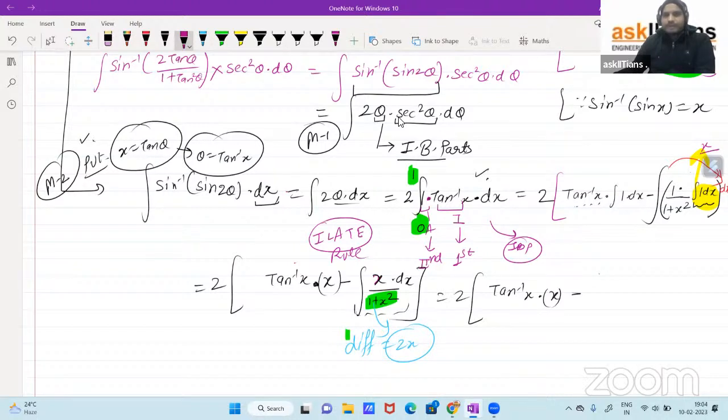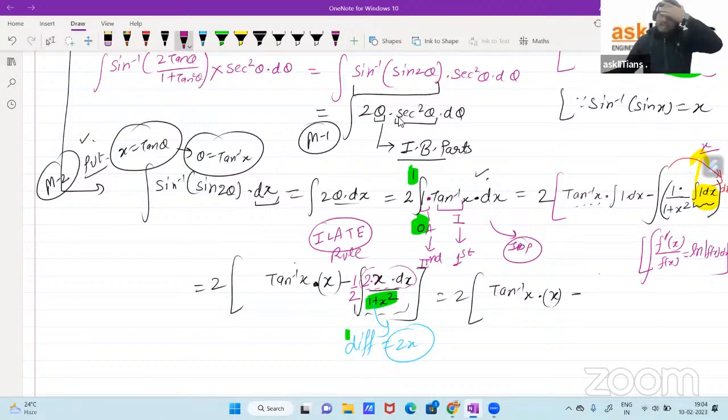So with a little magic you can make 2x, multiplying by 2 and dividing by 2 also. Now the differentiation of 1 plus x square is 2x, which is sitting in the numerator. So you can use this formula: integration of f dash x divided by f of x dx is equal to ln of mod f of x. Clear?